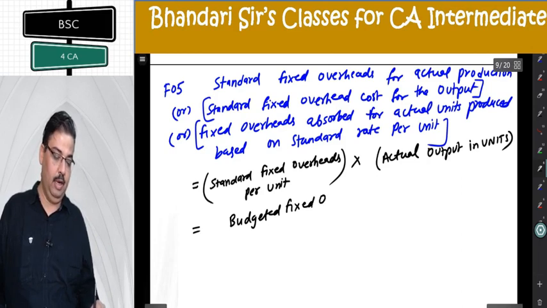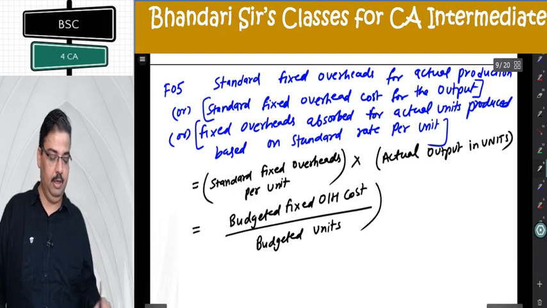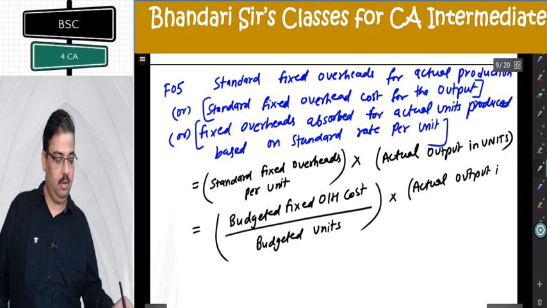Or budgeted fixed overhead cost divided by budgeted units multiplied by actual output in units.